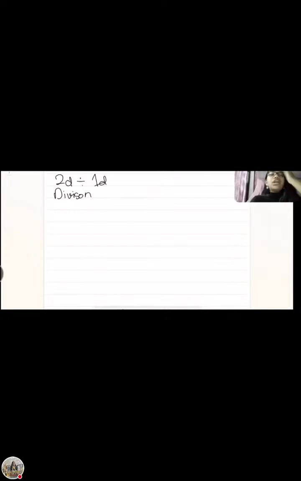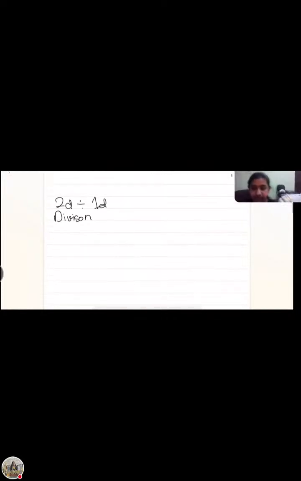So now in 2-digit divided by 1-digit, it is very easy as there are only a few digits. As in every formula of multiplication and division, we first find out in how many digits our answer will come, so that we know in the end if our answer is correct or not.